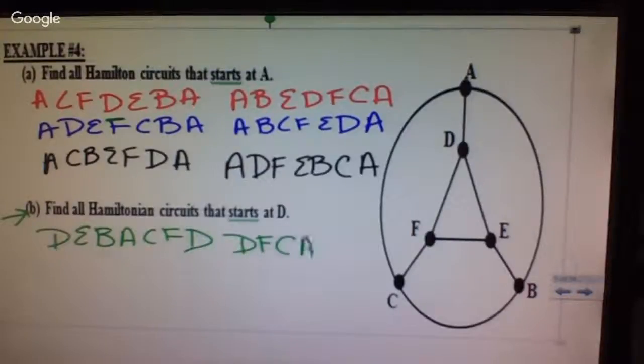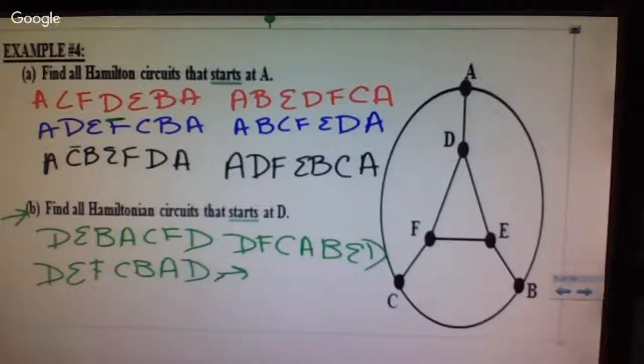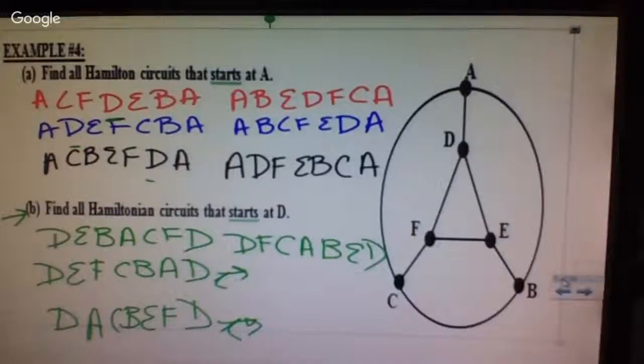D, F, C, A, B, E, D. You would start this one then at D. So you get D, E, F, C, B, A, D, and reverse it. I'm not going to write the reverse. I think you've gotten that point already. And the last one, I would just do D, A, C, B, E, F, D, and of course, flip it and reverse it.